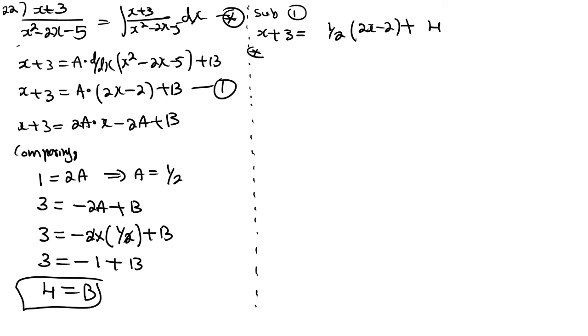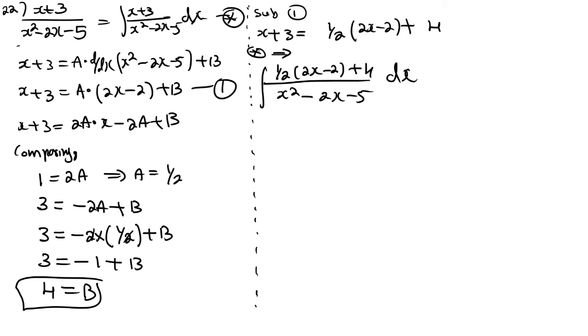Then star implies integration of, in place of x plus 3 substitute these values, 1 by 2 into (2x minus 2) plus 4, divided by the denominator x square minus 2x minus 5, into dx.